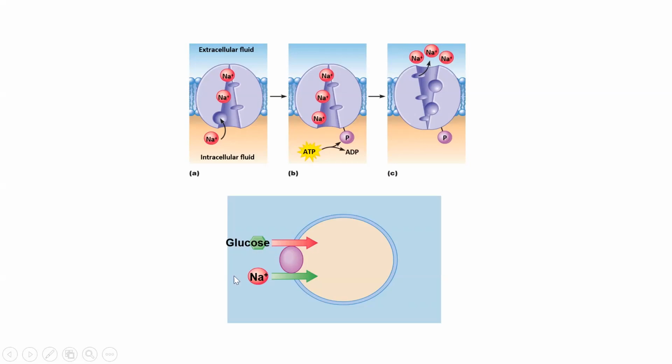And so sodium can passively move into the cell. And then the energy that is liberated from that process can be used to bring other substances into the cell as well. We describe this as being secondary active transport. So it's going to call us to remember some of these other mechanisms of transport that we talked about before.